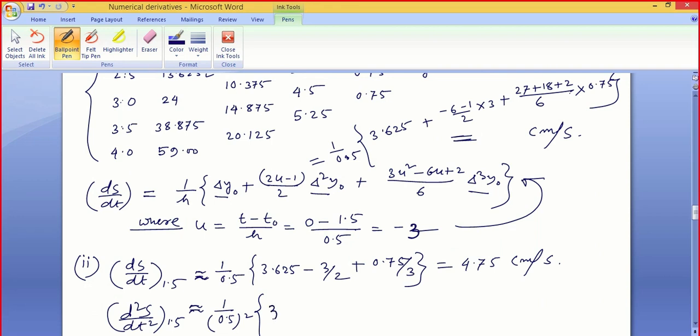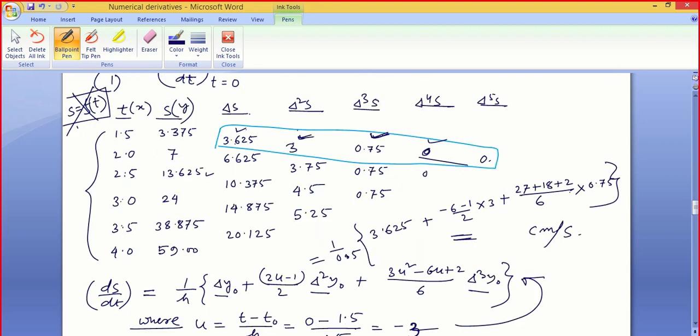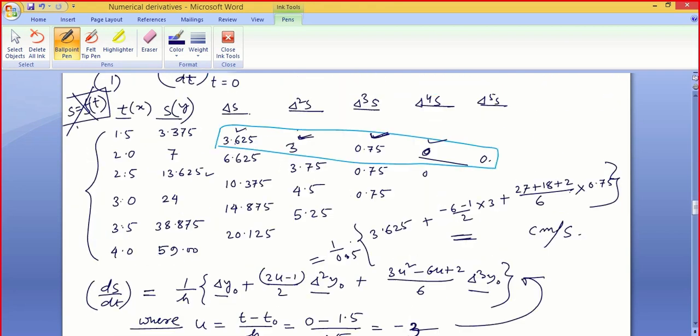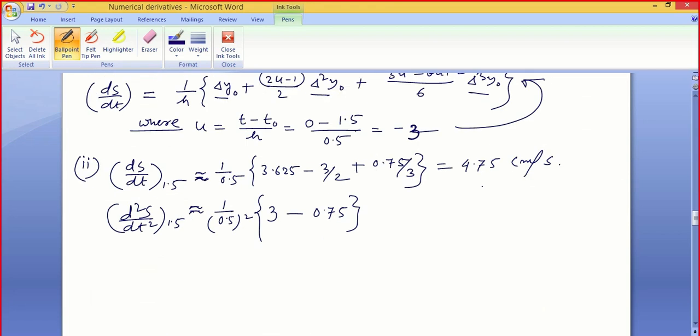Del square y0, 3, alternating series from the forward difference, minus 0.75. After that, I told you to remember 11 by 12 into del 4 y0, but that term is 0, so I am not writing that. Is it clear? Okay. So acceleration at this point at 1.5.